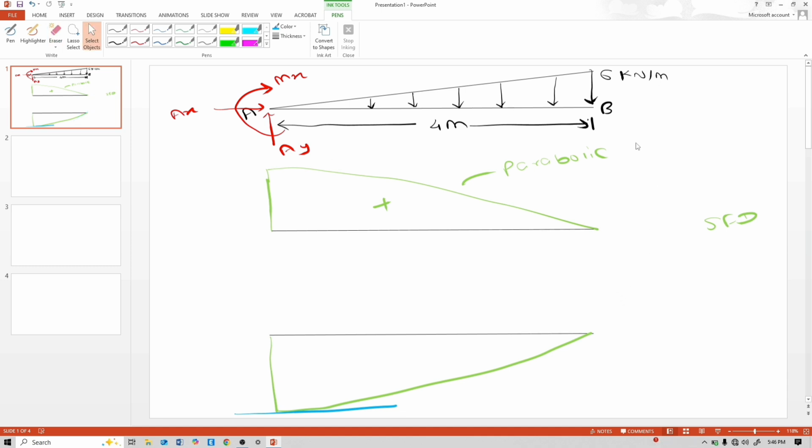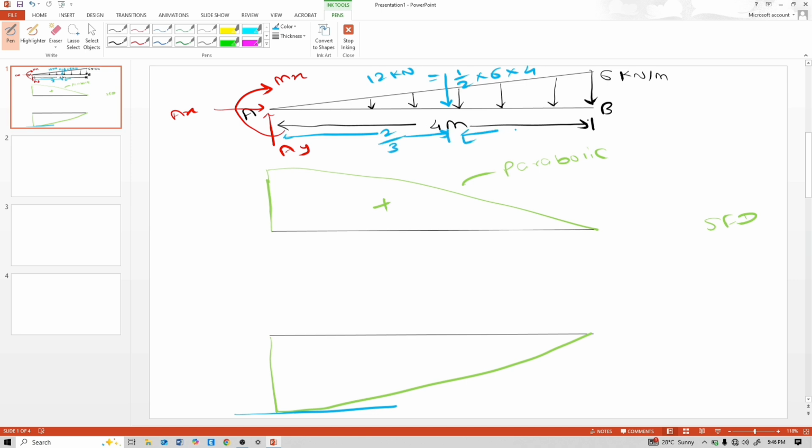Now calculate the values. This is a triangular load, 6 kN per meter. That means the point load of this triangular load is half into 6 multiplied by 4. So 0.5 into 6 into 4 is 12 kilonewton, and it acts at a distance of 2 by 3, because this load acts at the CG of this triangle.